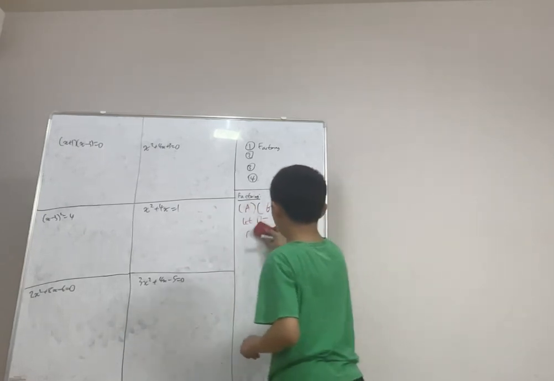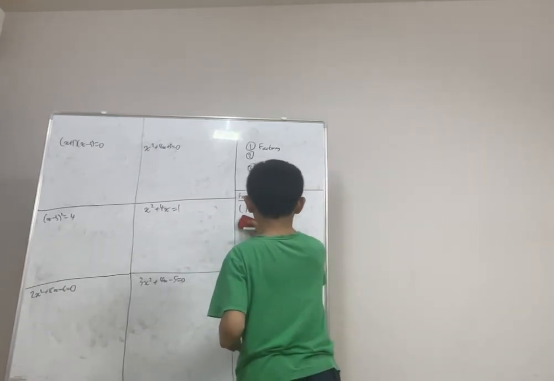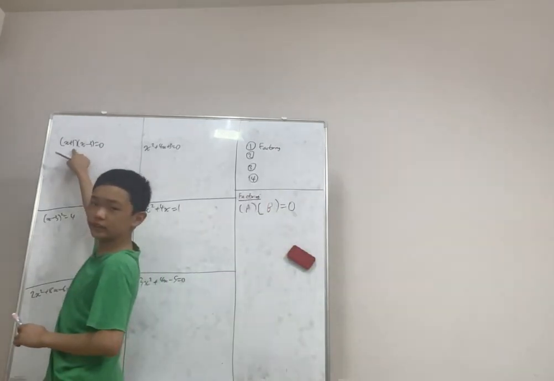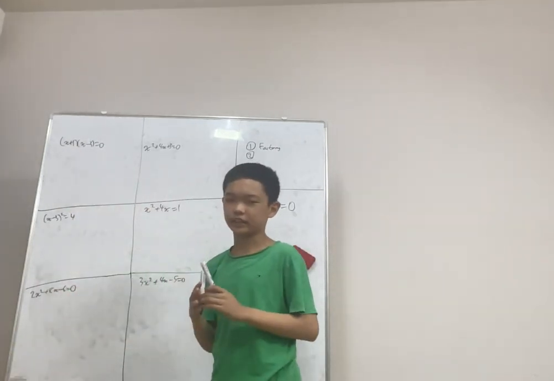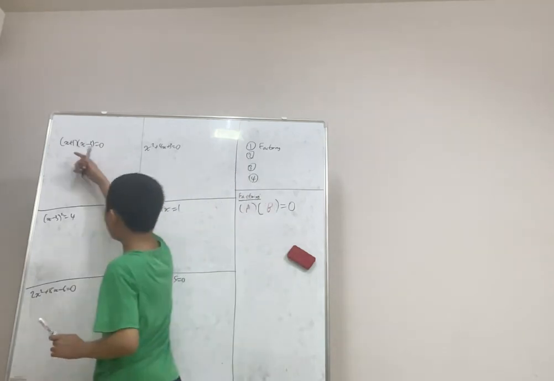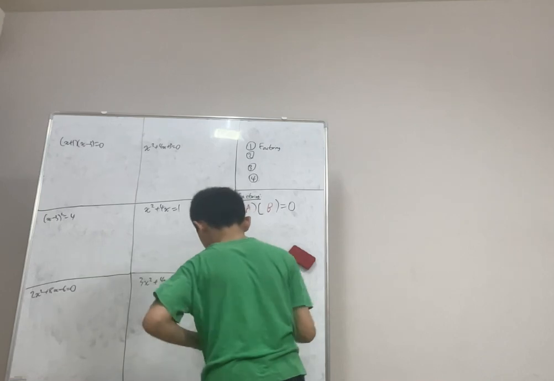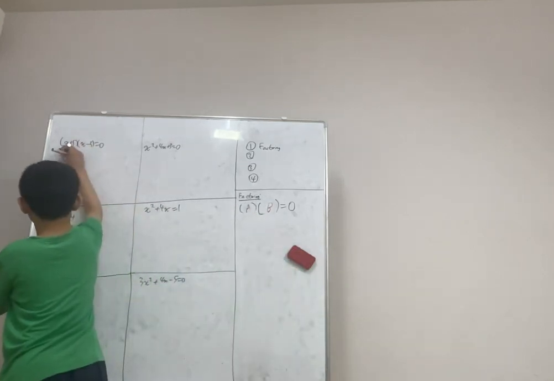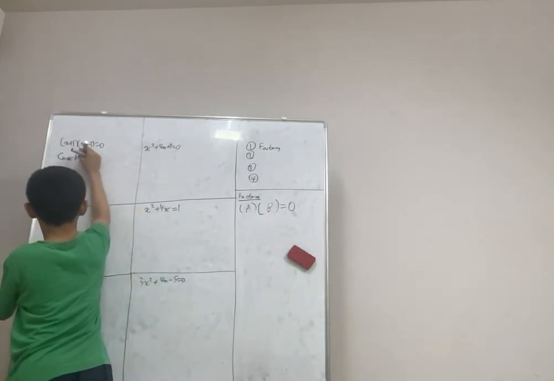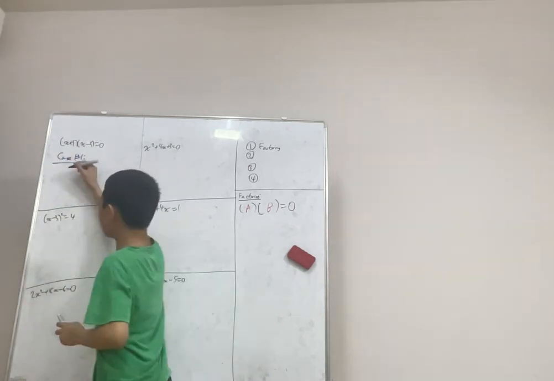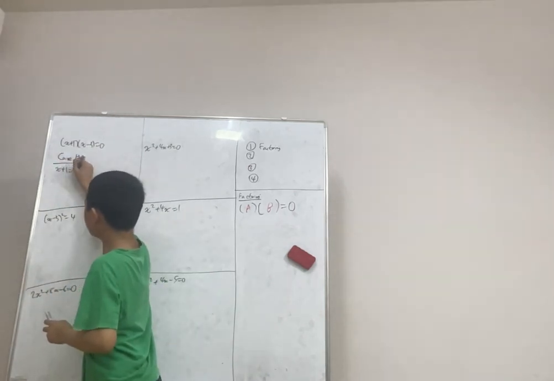So I'll just show you what this means in the context of an actual equation. You see here, x plus 1 and x minus 3 are multiplied together, and that equals 0. So that means that one of them will equal 0, so let's just see both cases. So you split this into cases. Case number 1 states that the first factor, in this case x plus 1, will equal 0.